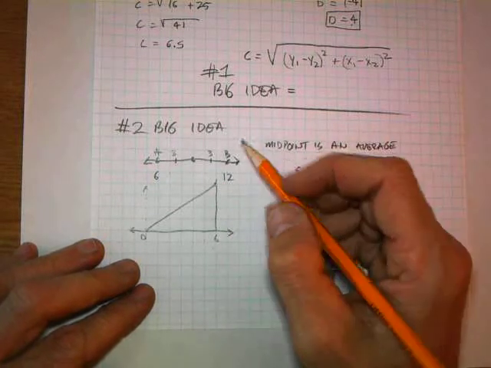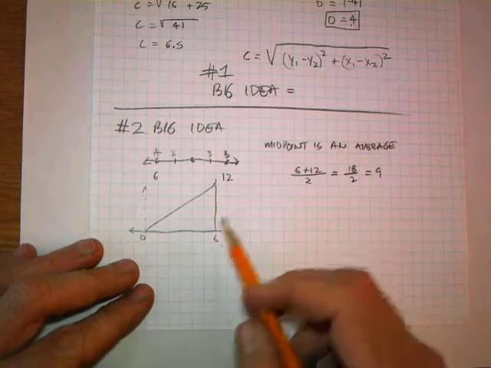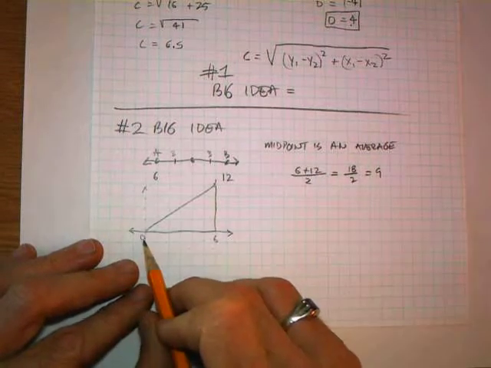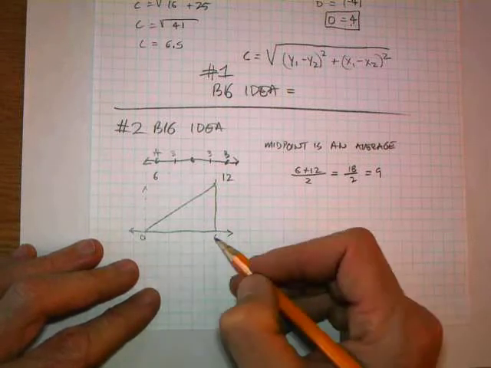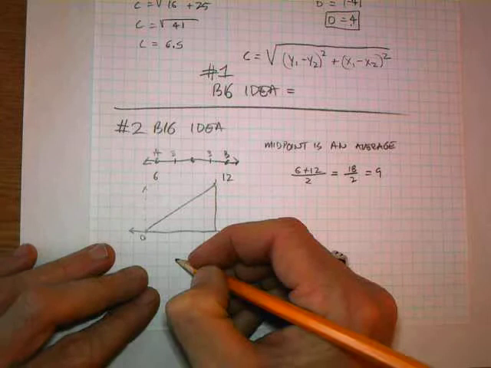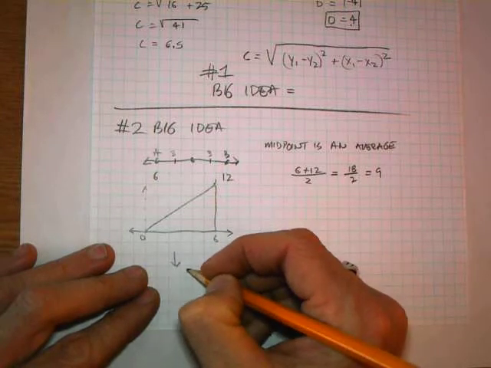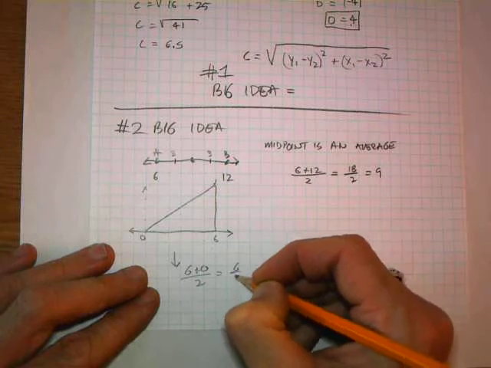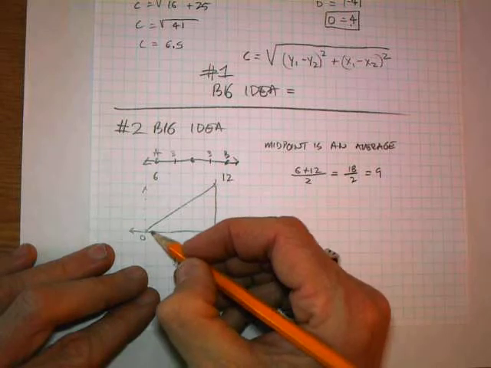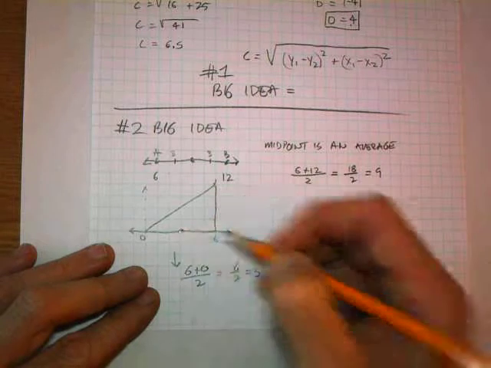Okay, so now we can just eyeball this, right? Using this formula, let's just go ahead and do it. X is going to be the average of 0 and 6. So x is going to be 6 plus 0 divided by 2. That is the same as 6 divided by 2 equals 3. We could have just eyeballed that, but hey, what the heck.